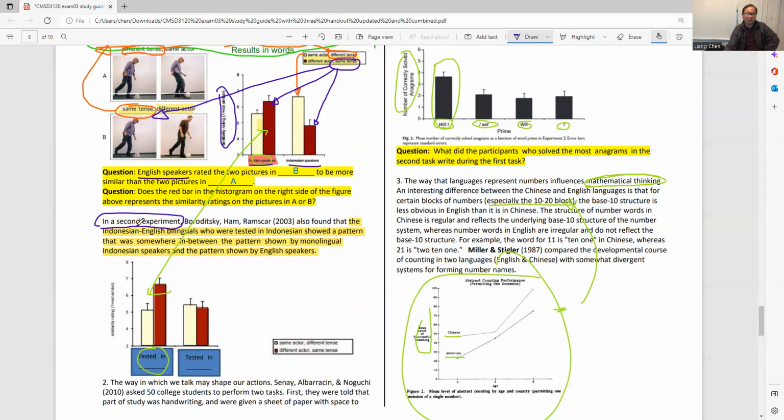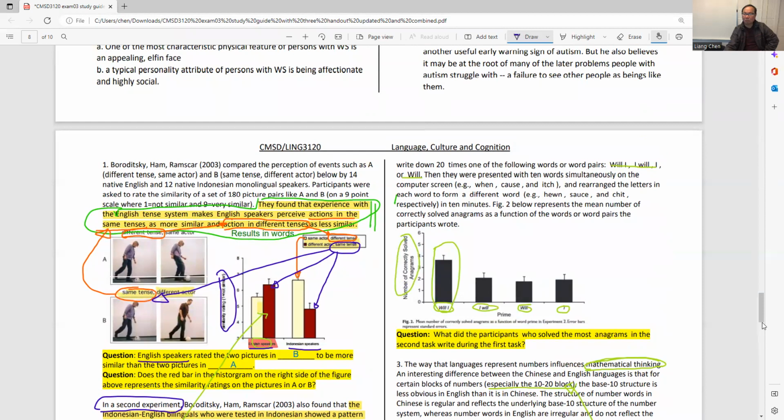But when they were tested in Indonesian, the pattern was in between, not similar to the Indonesian speakers. Okay, so basically, you need to see if it is the same as English. These are the English, and these are the Indonesian. The Indonesian-tested bilinguals are not the same as the monolingual Indonesian speakers.